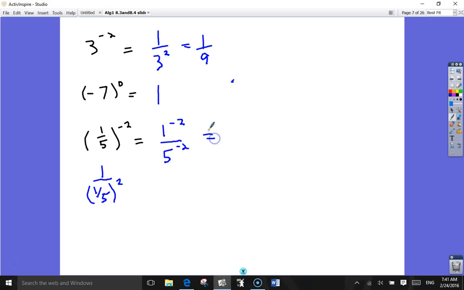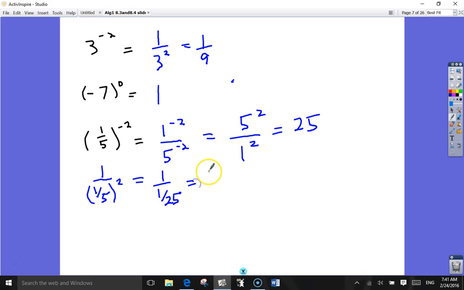Okay. And then simplify. How do I make that 1 to the negative 2 have a positive exponent? I put it to the bottom. And how do I make that 5 to the negative 2 have a positive exponent? Put it to the top, right? And so that is 5 squared, 25. Which is the same thing as this here. If I simplify, this would be 1 over 25.